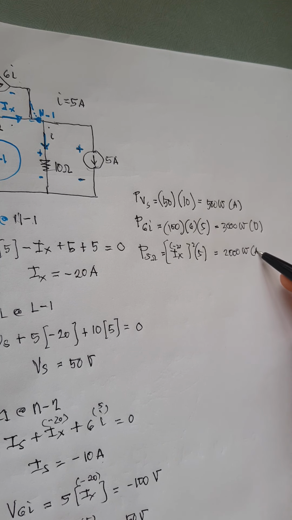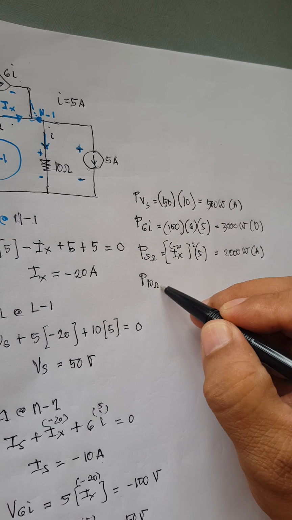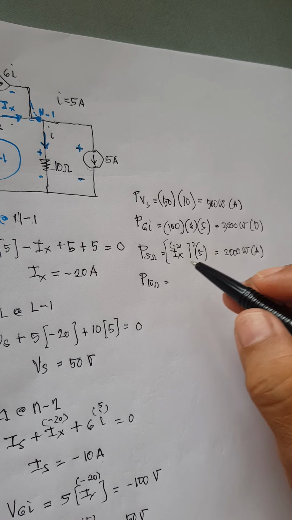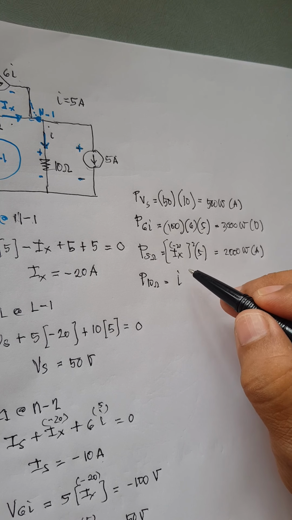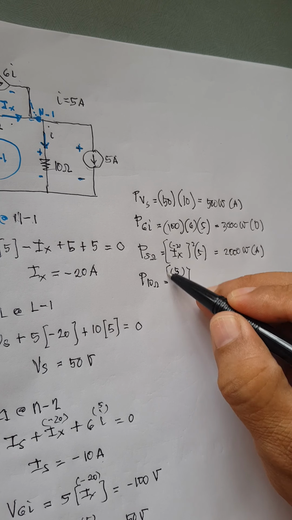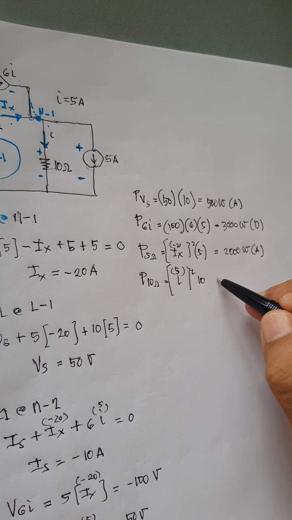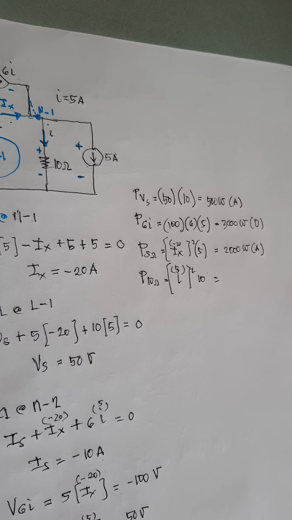And this is absorbing. And then power absorbed by the 10 ohms is I squared R. I is actually 5, right? Squared times R, 10. The answer is 25 times 10, 250 watts. Of course, still absorbing.